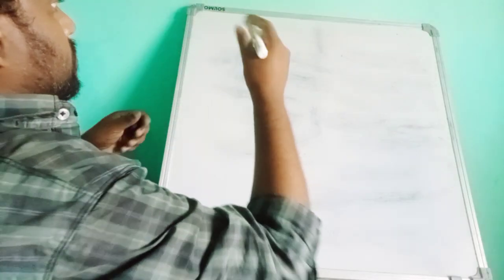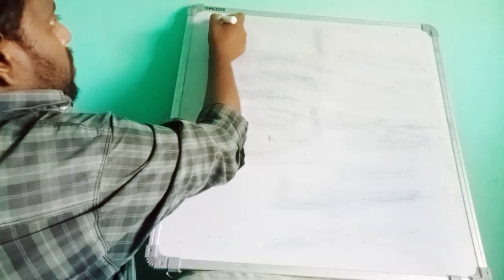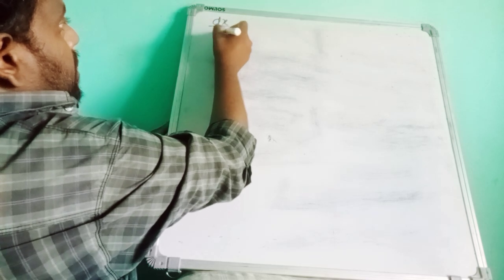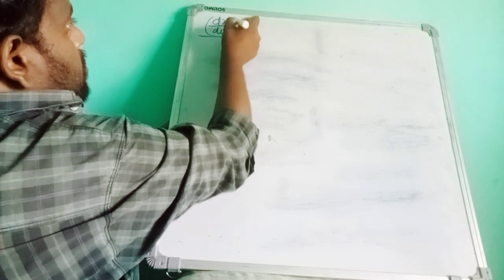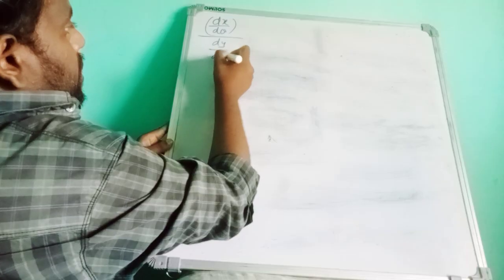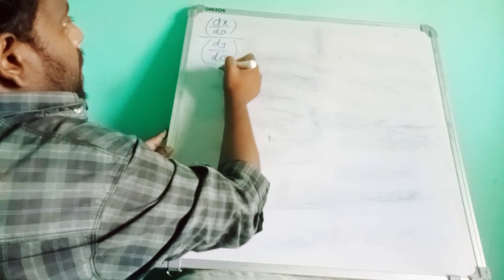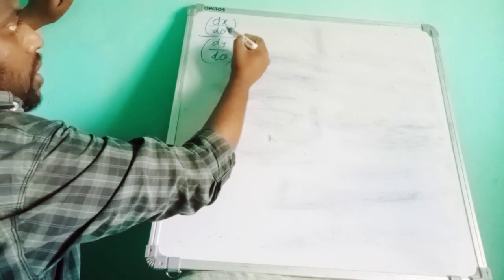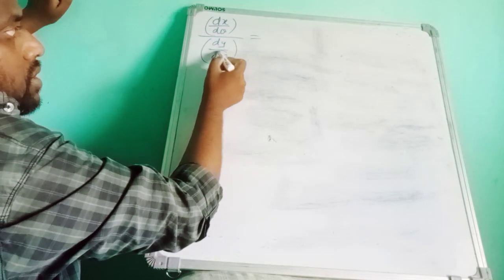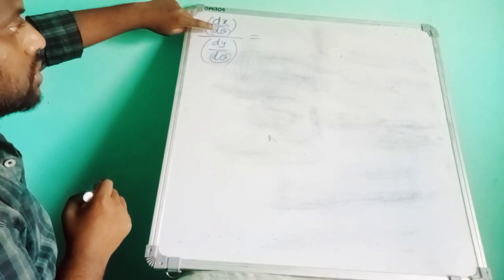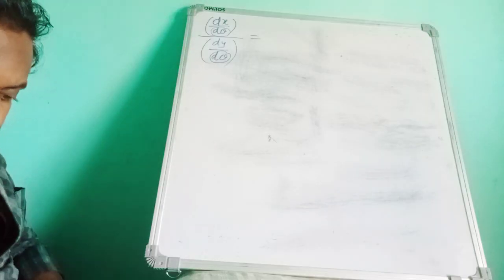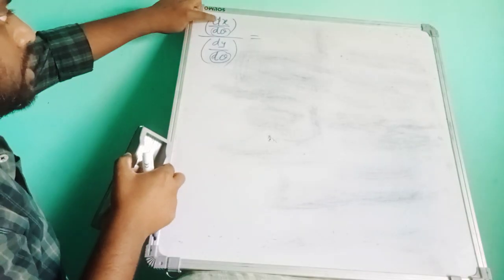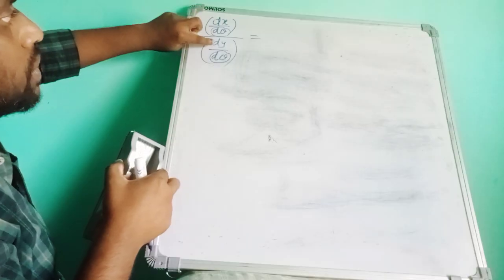See, first I will write dx by d theta and I will divide this by dy by d theta. So what will we get? See, this is numerator, denominator; this is numerator, denominator. Okay, I will write in another way.